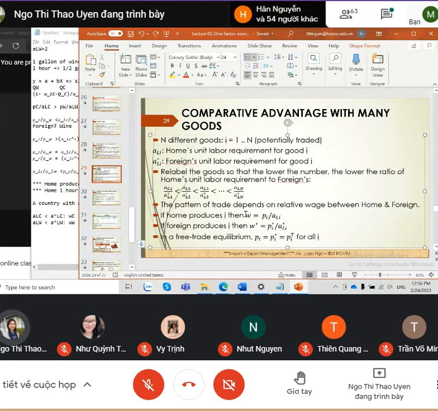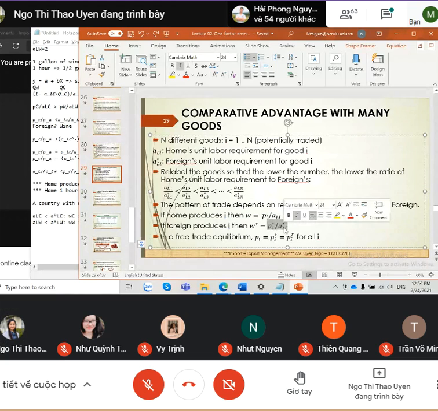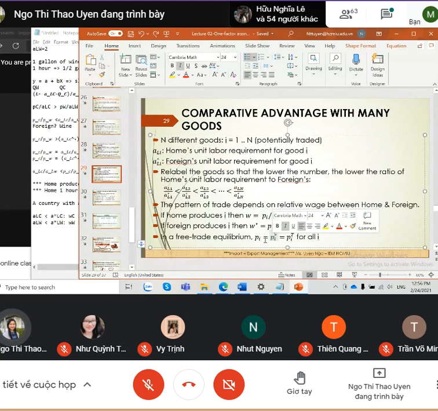So if home produces good i, then the wage of home is Pi divided by ALi, and for foreign, this term, and the price of i in home and foreign must be the same in a free trade equilibrium.